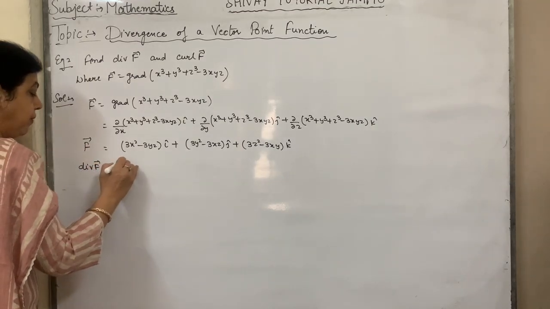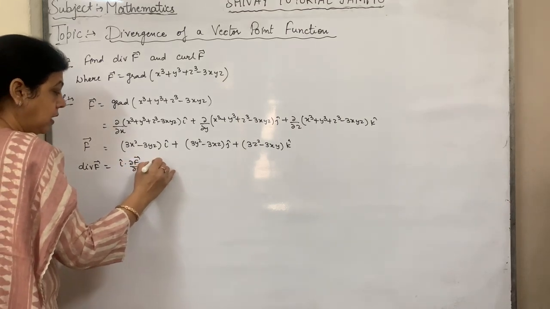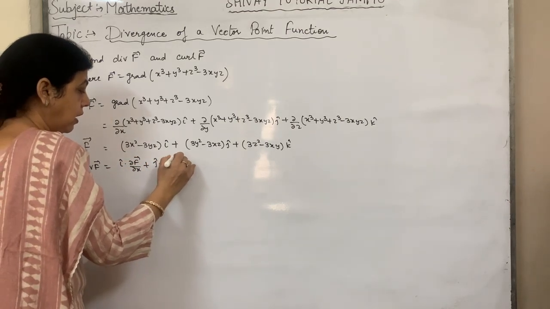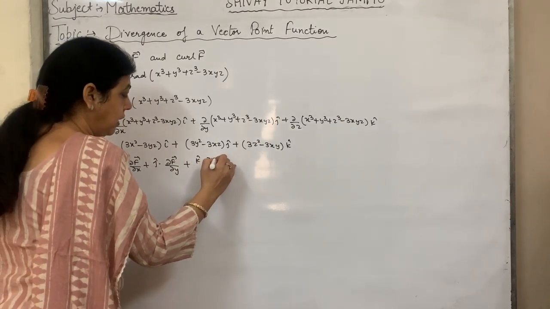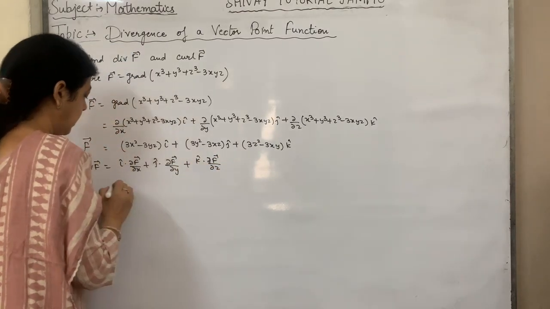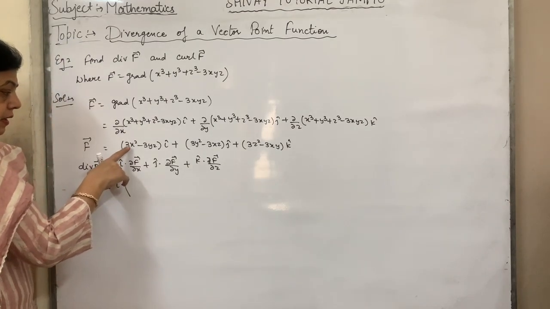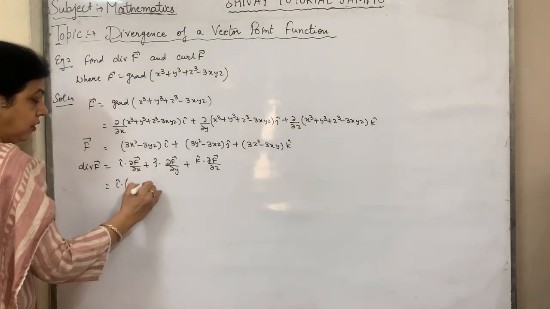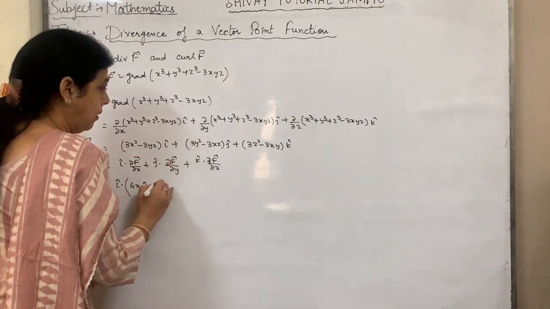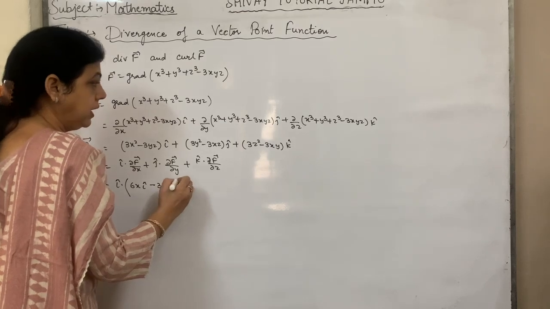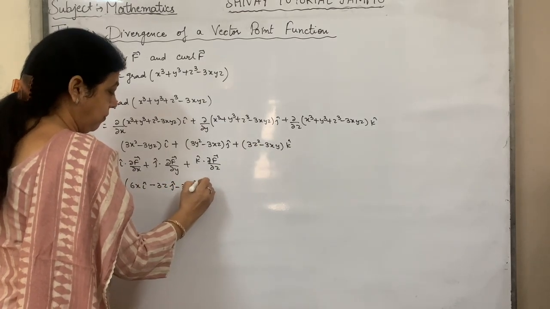Now, we will find div of f. What is div of f? i dot ∂f/∂x, j dot ∂f/∂y, and k dot ∂f/∂z. Okay. For i dot ∂f/∂x, we will get 6x with i, with x we will get minus 3z with j, and with x we will get 3y with k.